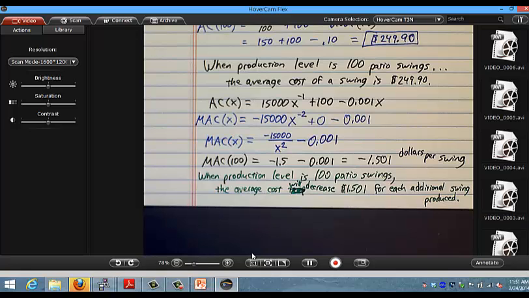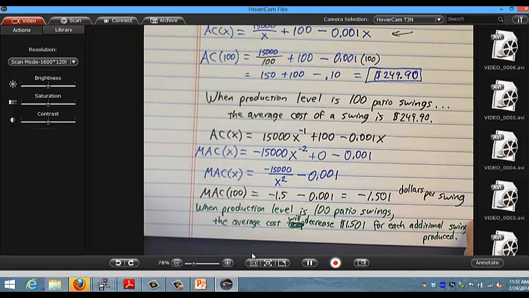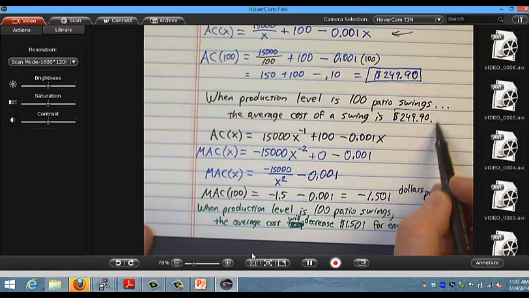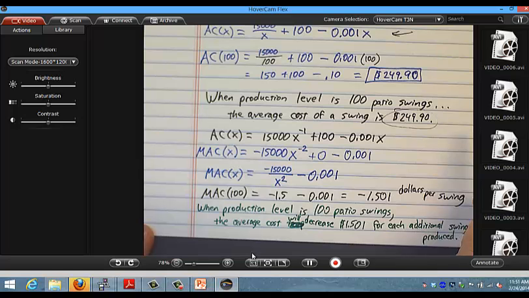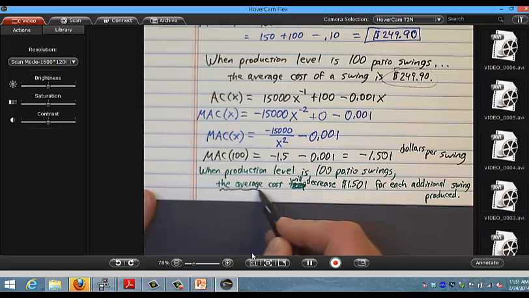Go ahead. So the wording to me seems kind of similar. Can you explain the difference then between our analysis of average cost of 100 versus marginal average cost of 100? Okay. For marginal functions, a marginal function is a rate of change, right? For the average cost function, I just told you, that's how much they cost per swing. But for the marginal, notice what it says. We're talking about the average cost.